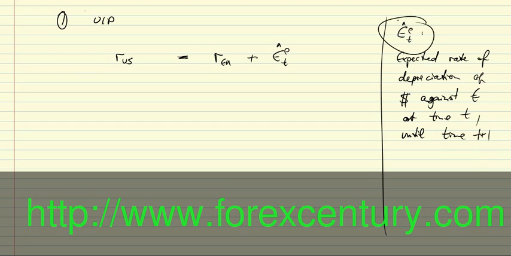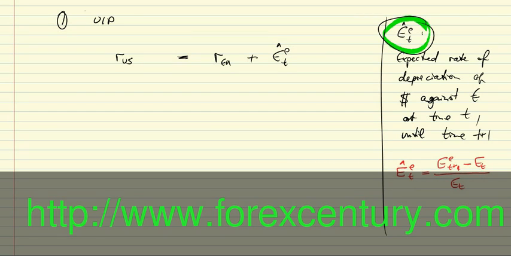So E hat ET denotes a proportional growth rate, and the higher ET, the more depreciated is the US dollar. So E hat ET is E t plus 1 minus ET divided by ET.